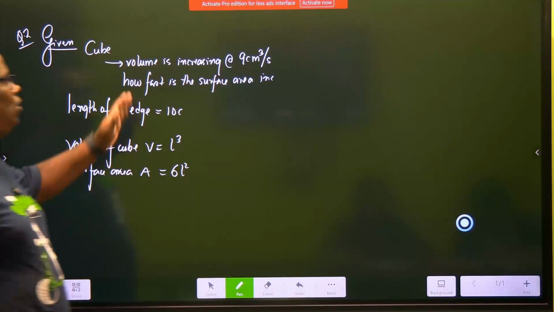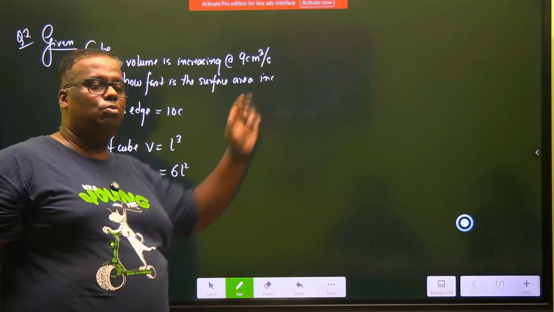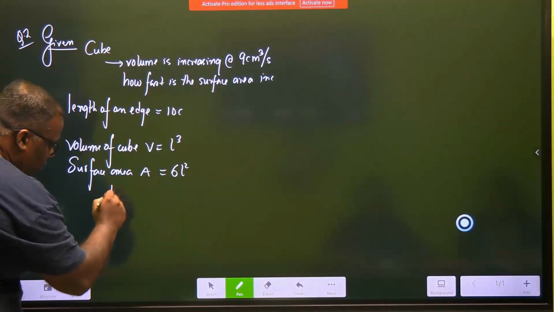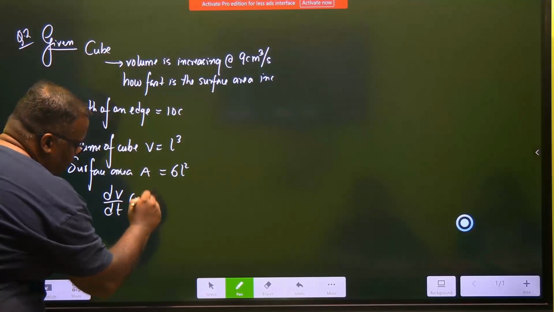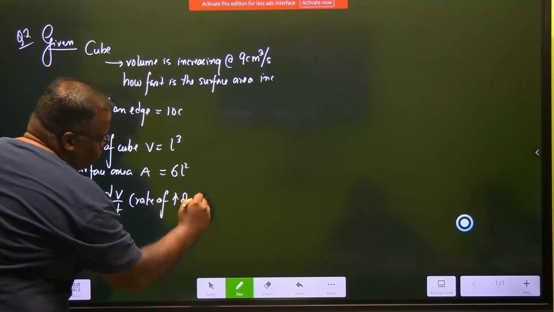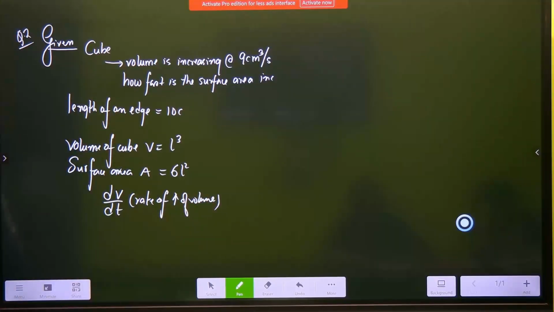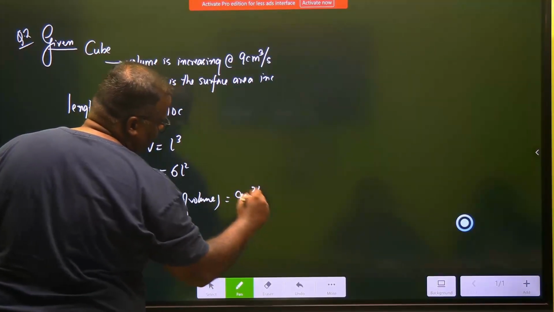Now they are saying volume is increasing. What is the unit? Centimeter cube by time. That means they have given you dV by dt, the rate of increase of volume. How much is it? 9 centimeter cube per second.